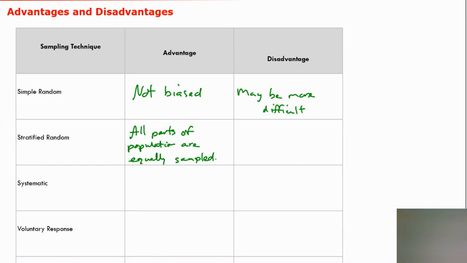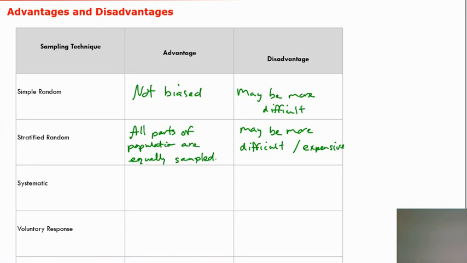So that was good. That's an advantage. What's the disadvantage of that? Again, it might be more difficult to arrange this, more planning, more difficult. It could also be expensive, right, to do something like this.